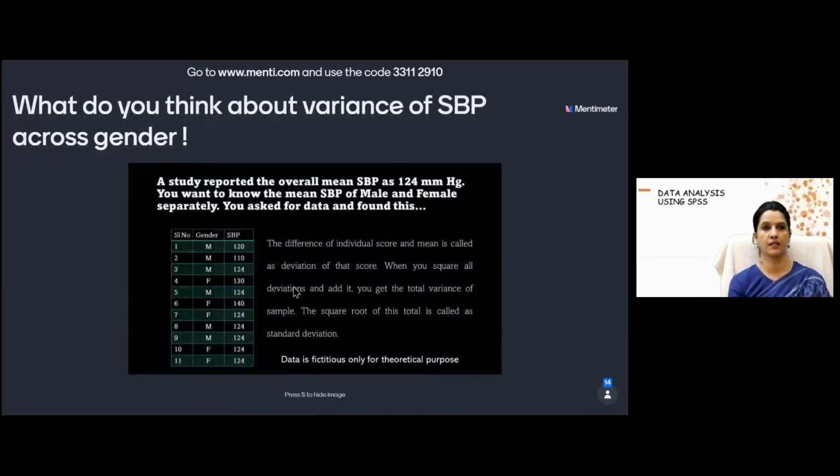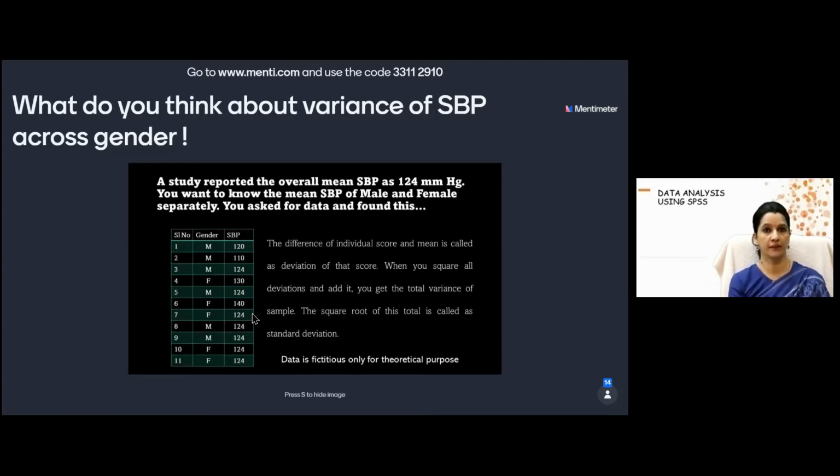now you can see here there is an individual, there is an overall mean, and you can see these two values, male and this male, 120 and 124, 110. So there will be a group mean of these 11 people. If you take the difference of the individual score from the mean, it is called the deviation. When you square all the deviations and add them, we get the variance.